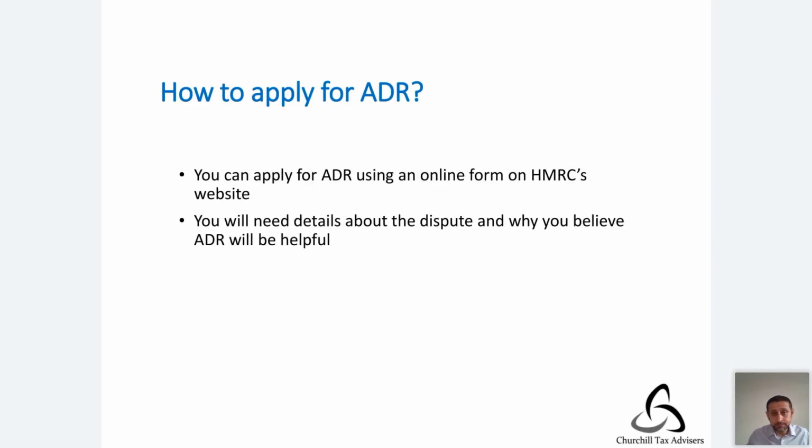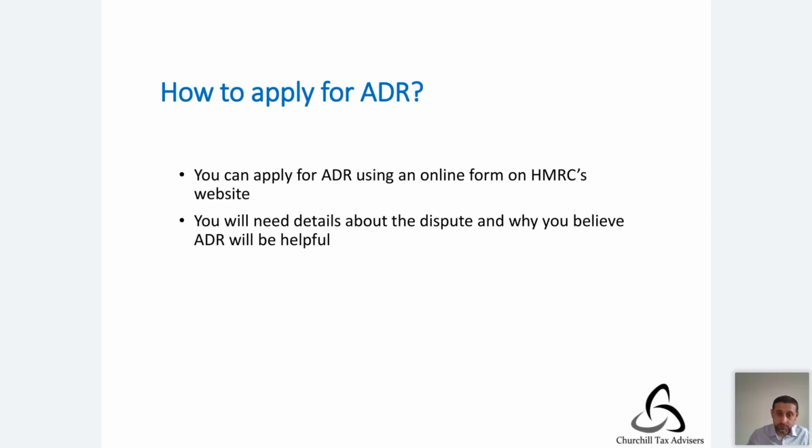How to apply for ADR? You can apply for ADR using an online form on HMRC's website. You will need details about the dispute and why you believe ADR will be helpful. If you're just going to have a chat, then there's no point.